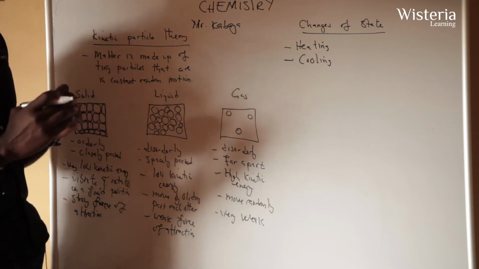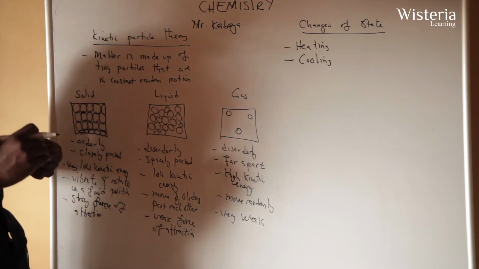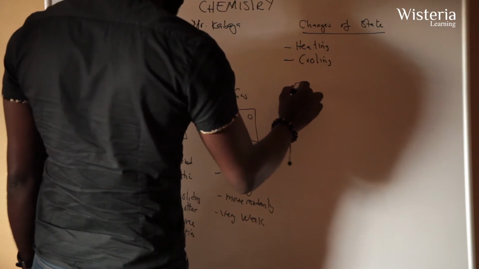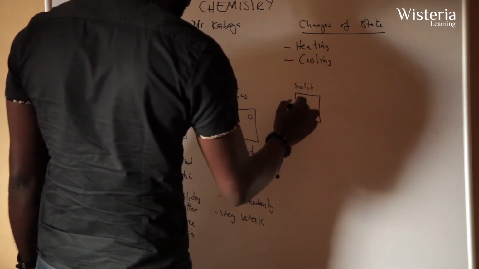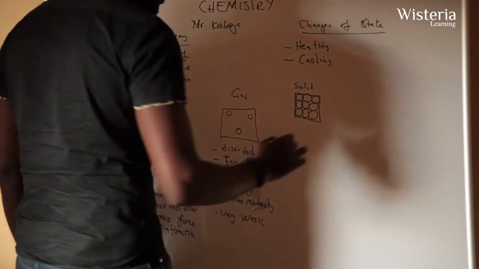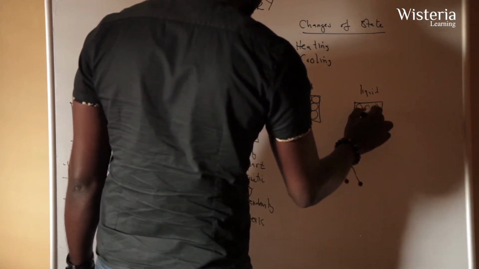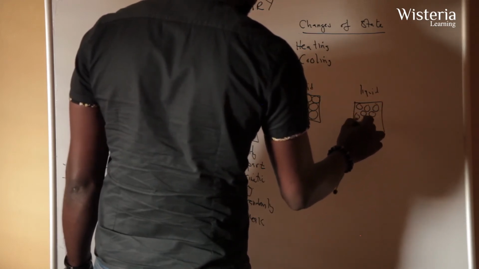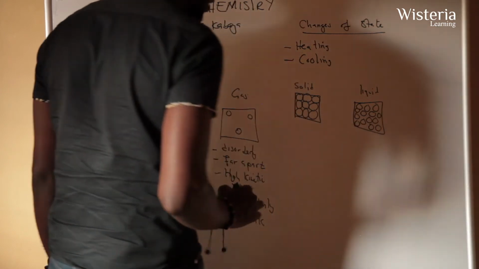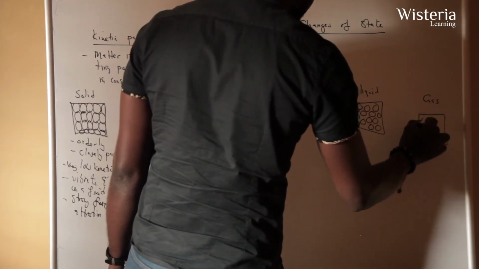So we have a solid in which the particles are in order, they are orderly. Then I've got a liquid in which the particles are disorderly, but they are closely packed, though not as close as those found in a solid. Then you have a gas in which the particles are far apart.